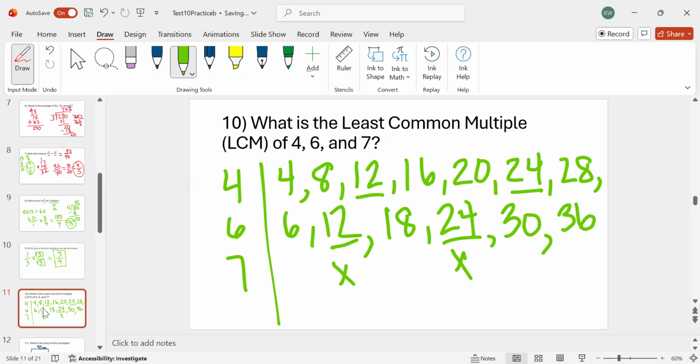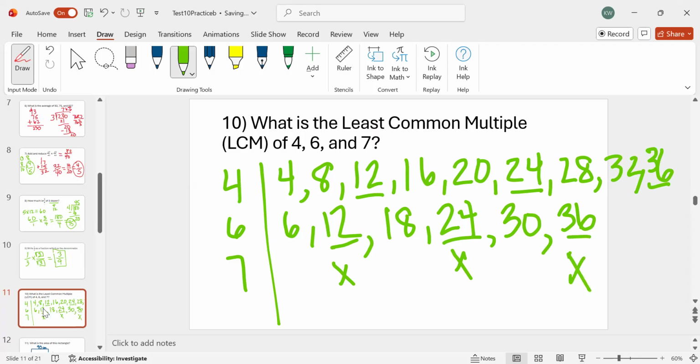So after 28, 4 times 8 is 32. 4 times 9 is 36. Okay, so those two are in common, but that doesn't show up in 7.